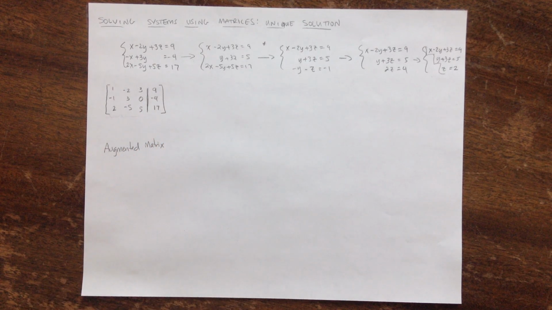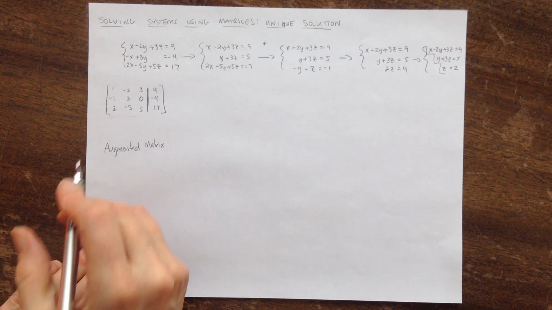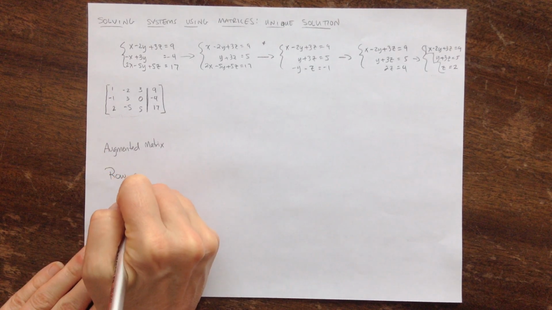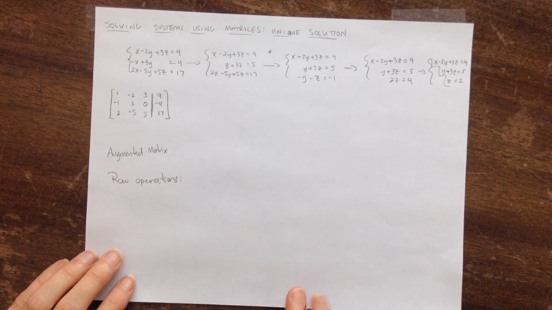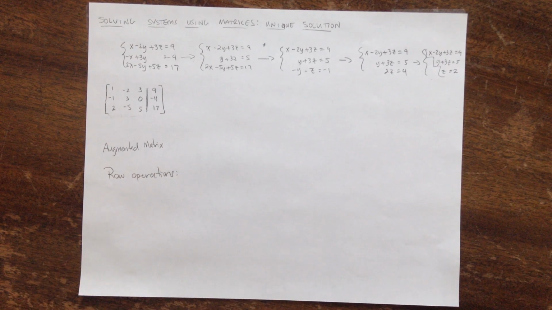And essentially I'm going to do the same thing with this augmented matrix that I did with the system of equations when it had its variables in it, when we were looking at them just like equations. So there are what are called row operations that you can perform, and they correspond to the three things I said you could do to the equations.